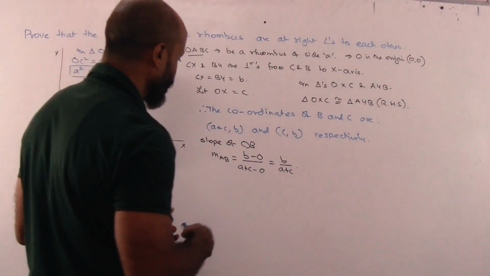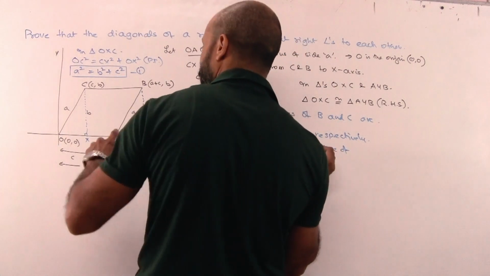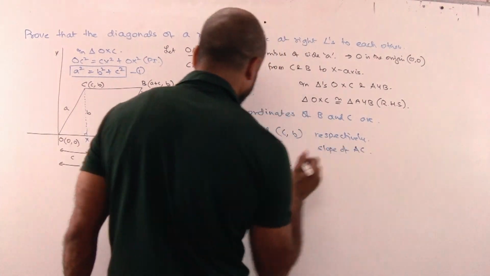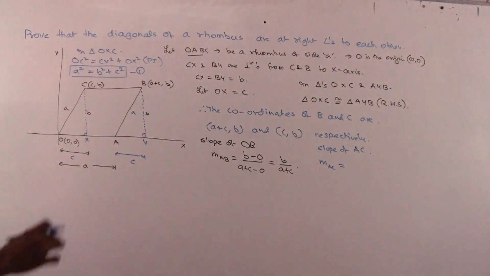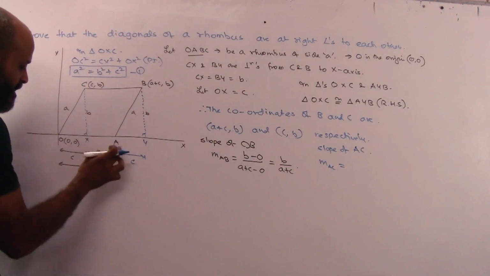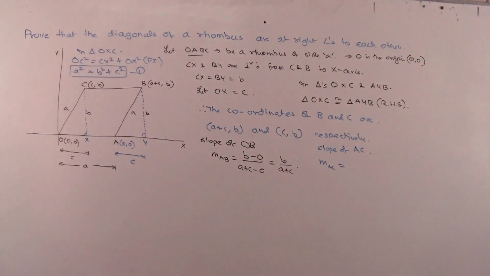Okay. In the same way, what will be the slope of AC? Slope of AC, this will be M of AC, that will be equal to, so what are the coordinates of A basically? See, here it is A and 0. Coordinates of A will be A and 0.